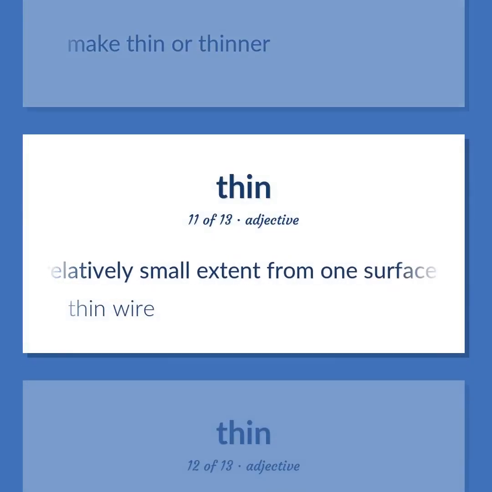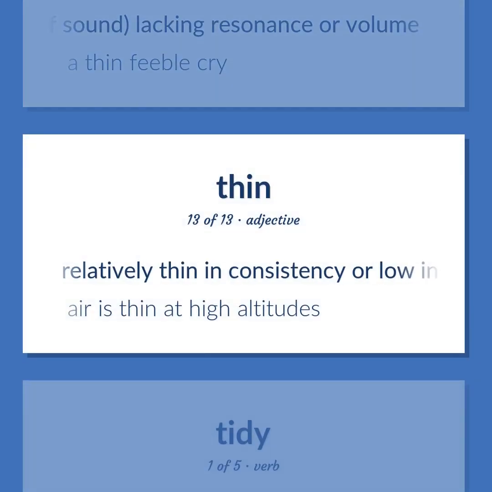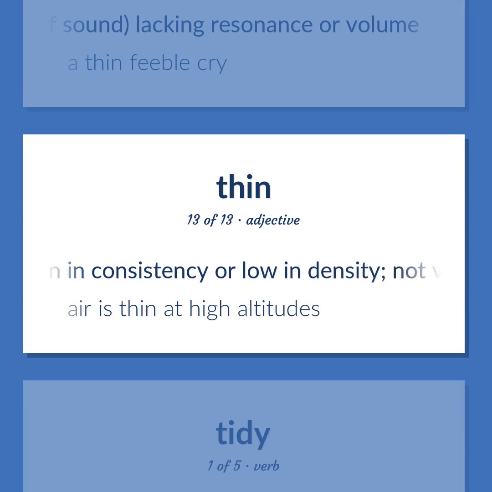Of relatively small extent from one surface to the opposite or in cross-section. Thin wire. Of sound, lacking resonance or volume. A thin feeble cry. Relatively thin in consistency or low in density, not viscous. Air is thin at high altitudes.